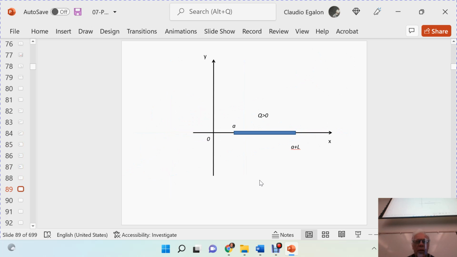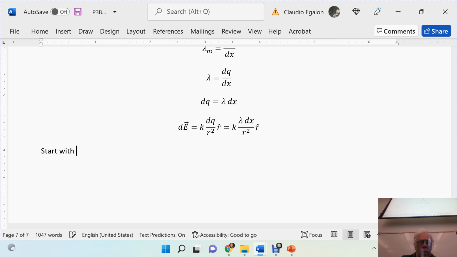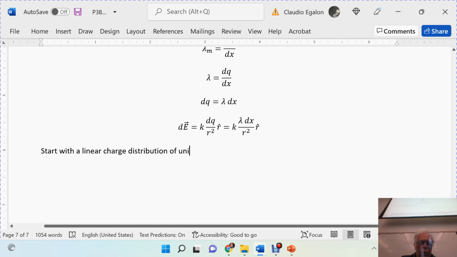Let's start with this one here that's a linear charge distribution. Start with a linear uniform charge distribution.